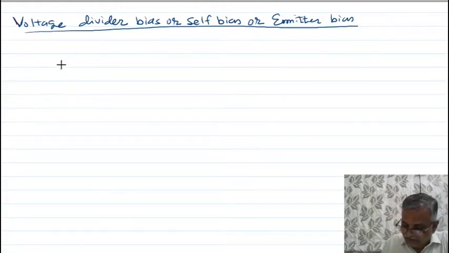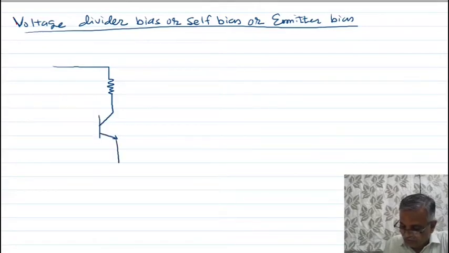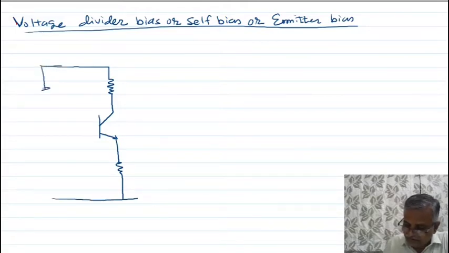The circuit diagram of a voltage divider bias is as shown in the figure. Here the base bias voltage is provided from a potential divider network consisting of resistors R1 and R2.